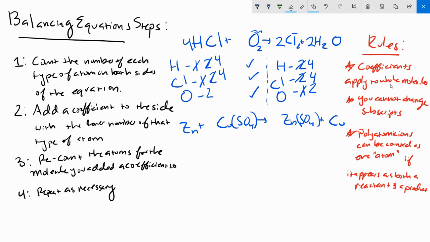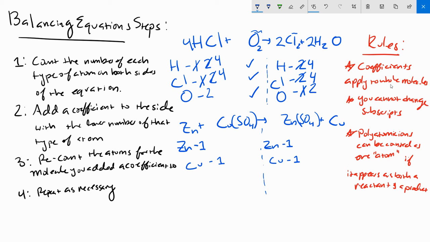And then let's go through our steps and start counting. Give myself kind of a divider, make my life easier. So I have 1 zinc on this side, and I have 1 zinc over here. I've got 1 copper over here, and I've got 1 copper over here.